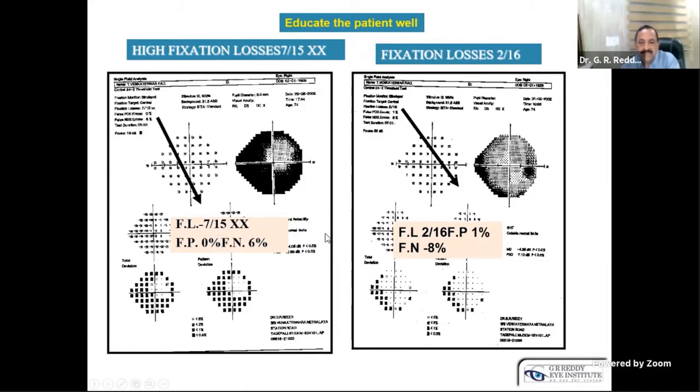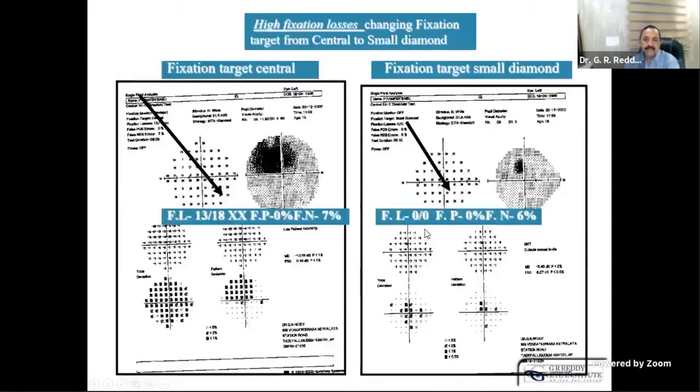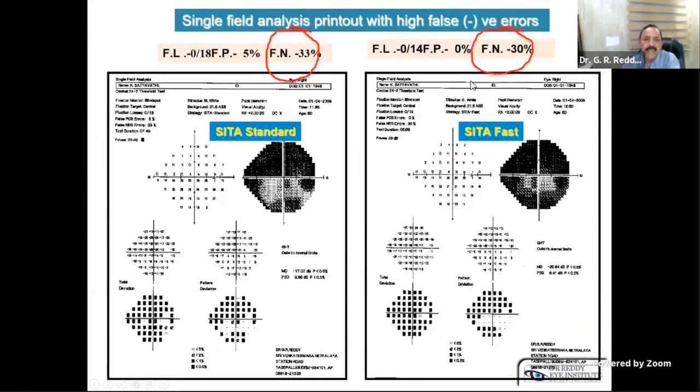Fixation losses of 7/15 came down to 2/16. 2/16 means the light fell on the blind spot 16 times and he responded twice. If it is 0/16, the light fell on the blind spot 16 times and the patient did not respond even a single time. Sometimes, however many times you repeat, the patient keeps doing the wrong thing, then you change the central fixation to a small diamond or a big diamond.